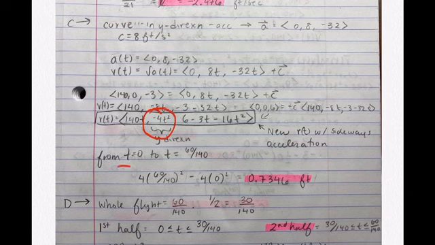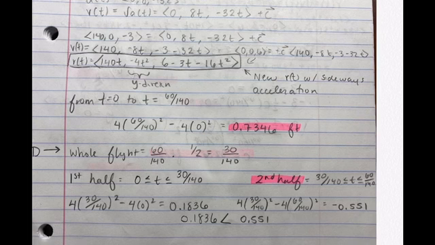Now, we are going to use that part of the equation and find what the value is during the times from t of 0 to t is 60 divided by 140. To solve algebraically, you will be left with the number 0.7346. We're going to take into consideration both halves of the flight in terms of time. And so the first half would be from 0 to 30 over 140, and the second half would be from 30 to 60 over 140. So to actually solve it, you would just plug in the value of the times within the y direction.